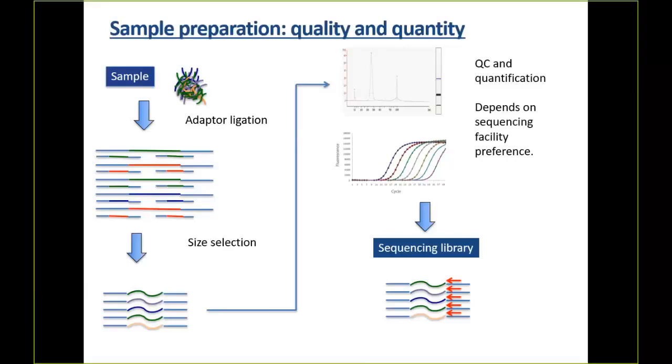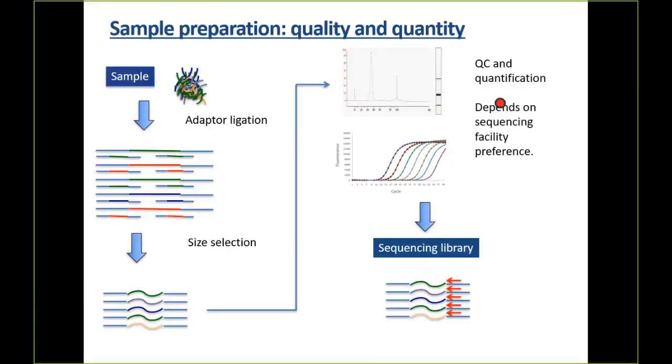So once you've done that, you're going to do size selection, and size selection is where you run these through a column or a gel, and you specifically pick out fragments of a certain size that have been adapterized. The reason you do this is there are some analyses that are going to make assumptions about the size of the fragment, as well as some downstream steps in your library prep that are going to make certain assumptions about the fragment as well.